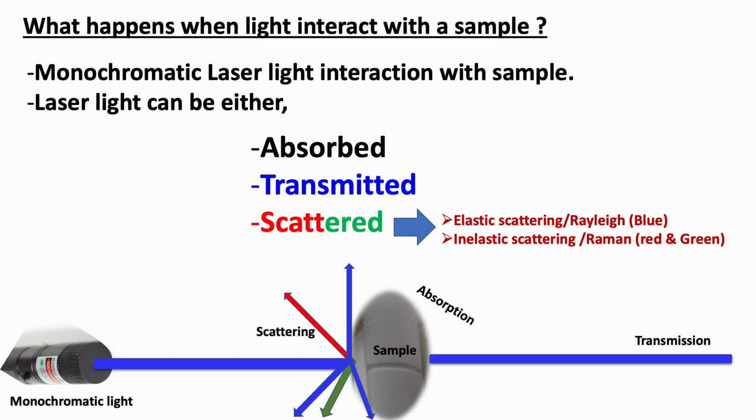On the other hand, inelastic scattering or Raman scattering occurs when the scattered light has a different energy than the light that initially struck the sample. This means the inelastically scattered light will have a different frequency, wavelength, and color than the original beam of light.